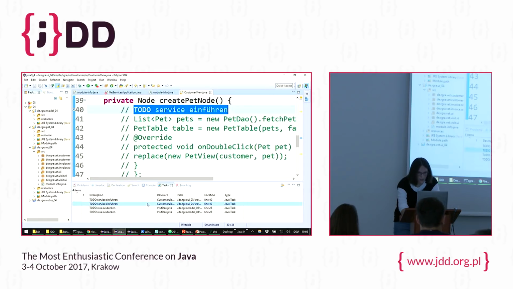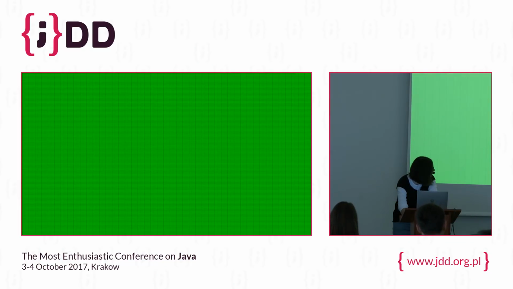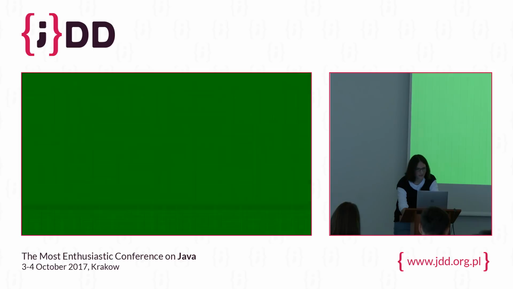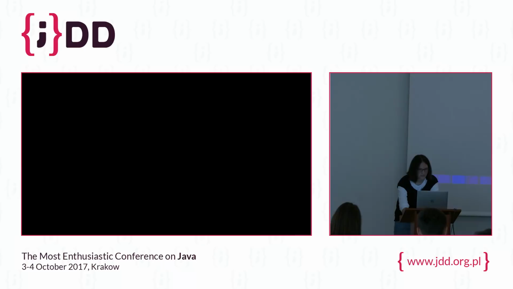In the customer view, I have a task tag, which is green, right? Green is good, right? Green is a passing test. It says over here in German that I should introduce a service, because I commented out all the code which creates the pet node.